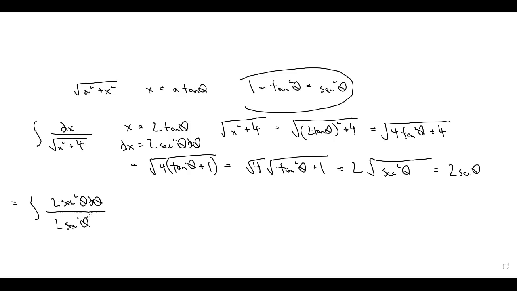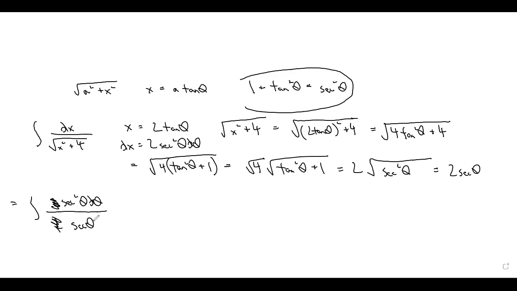The 2 and the 2 obviously cancel out. Oh, sorry, at the bottom, it should just be secant. I accidentally wrote secant squared. If you look on the right, it's just 2 secant that we figured out. I'll just rewrite that: secant theta.